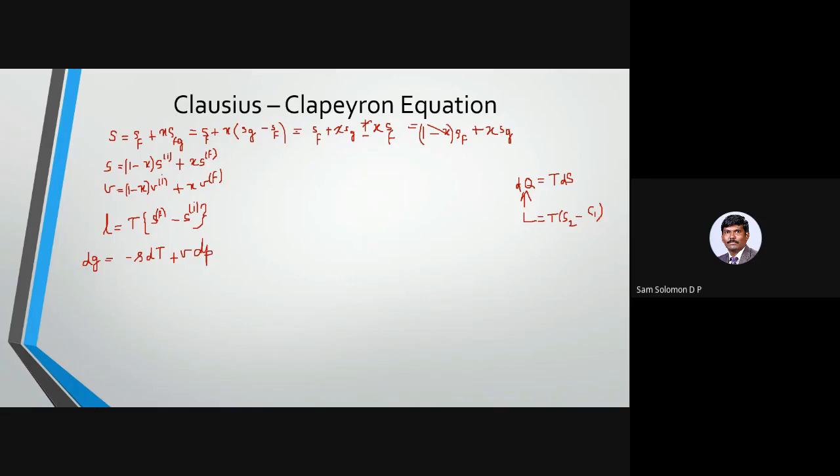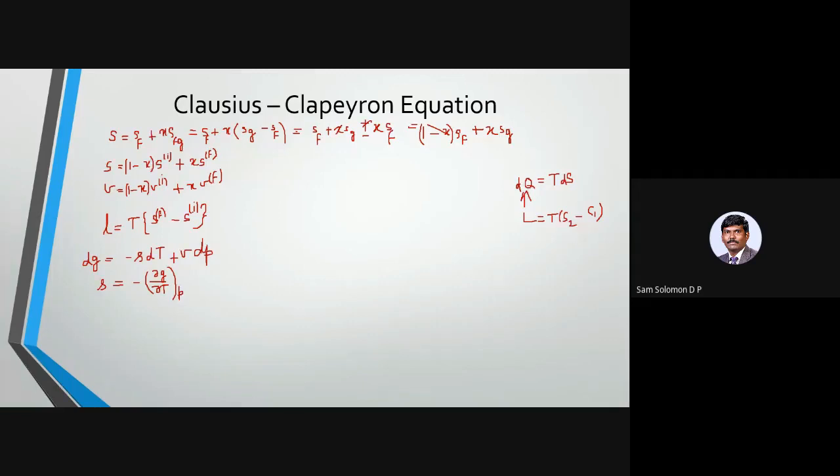Okay, and say I am having a process which is a constant pressure process, then I can write S is equal to minus of partial G partial T at constant P. If it is a constant pressure process, then the v dP term will be 0.